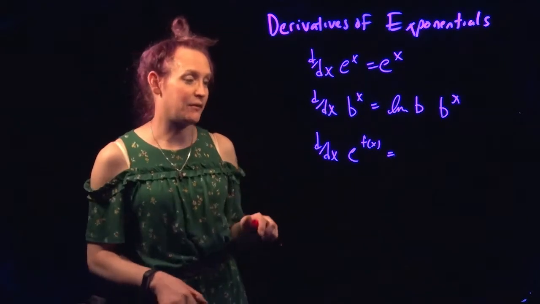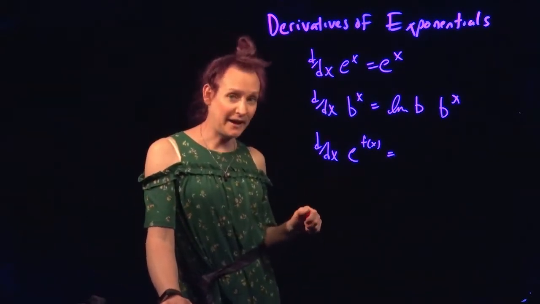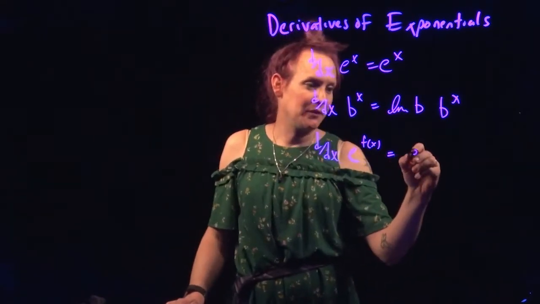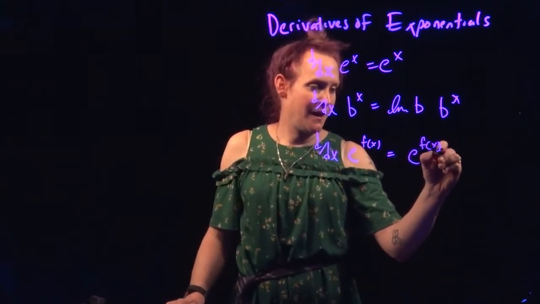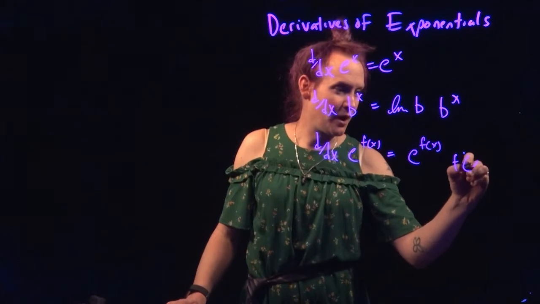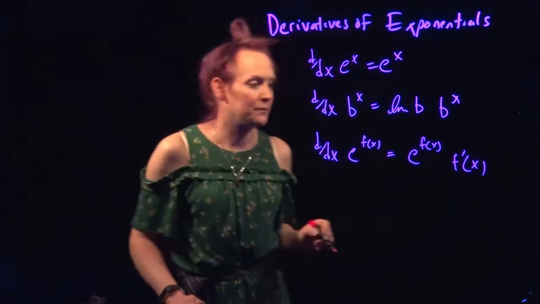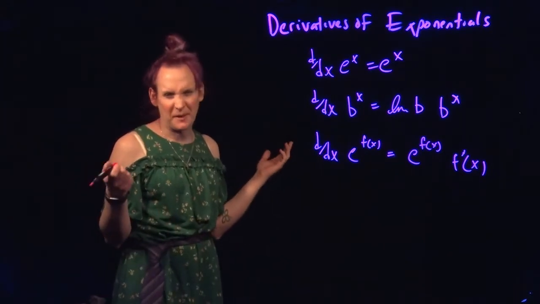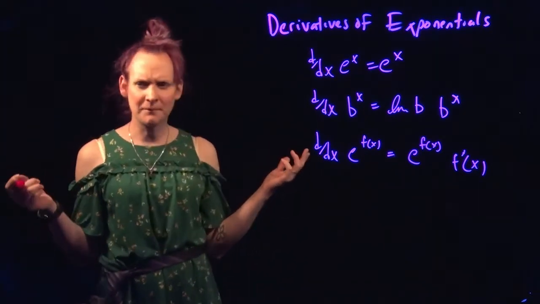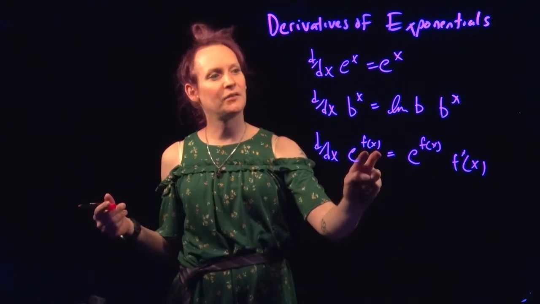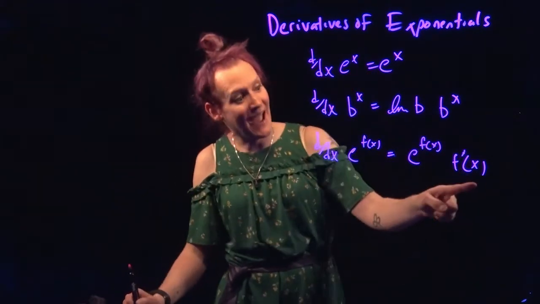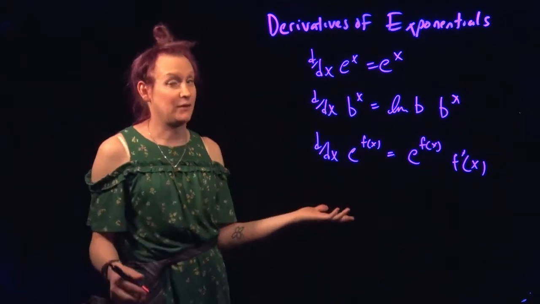In the case that I have a more complicated function upstairs, e to the f of x, then I get e to the f of x times f prime of x. And that's true for basically all of the rules that we've been learning, that when there's a more complicated thing inside than just x, then you have to chain out the derivative of the inside thing.